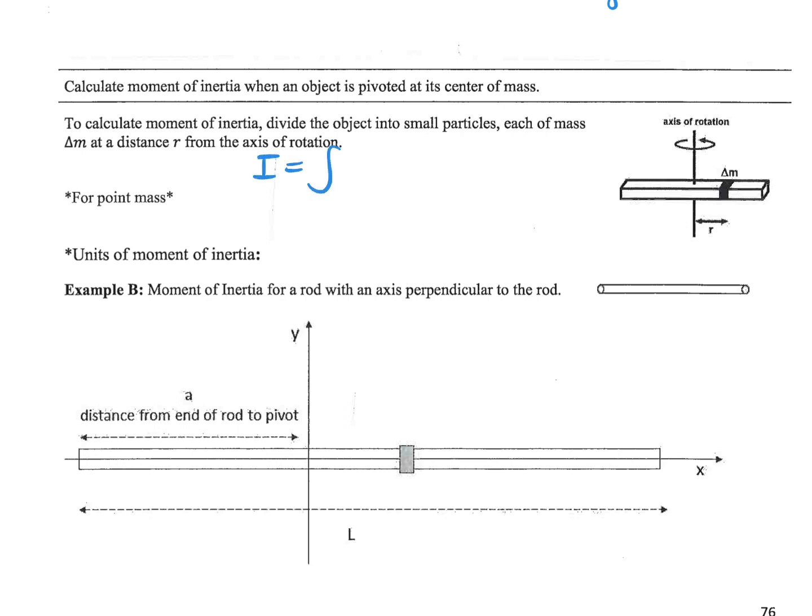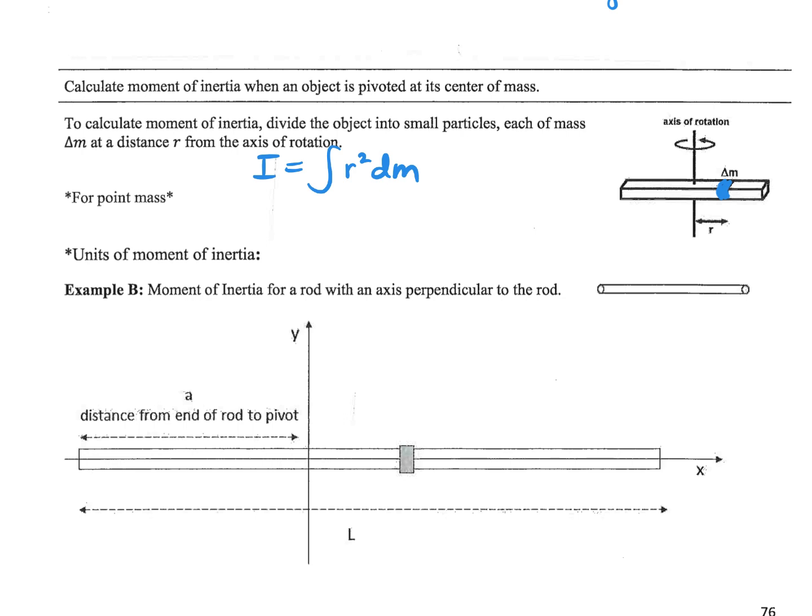I equals the integral of r squared dm. In other words, we're going to treat it as a bunch of small particles, just like this. We've got a bunch of small particles, and we are going to integrate from 0 to r.